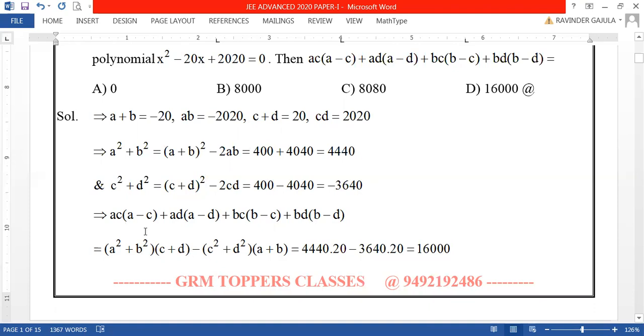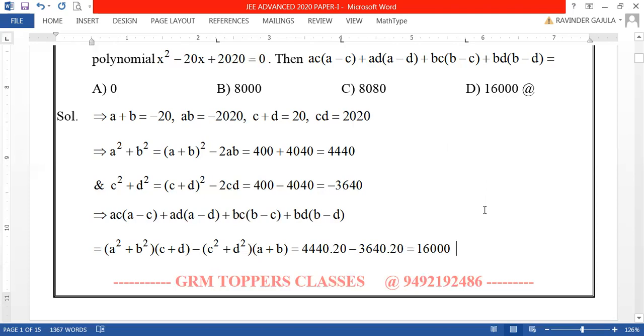And similarly, AC of minus C is minus C square A, BC of minus C is minus C square B, hence minus C square (A plus B) you will have. Similarly, minus D square (A plus B) together can be written like this. And all these values have been already found. Now just substituting these values and simplifying, the answer is 16,000. Therefore, the right answer is D here, my friends.